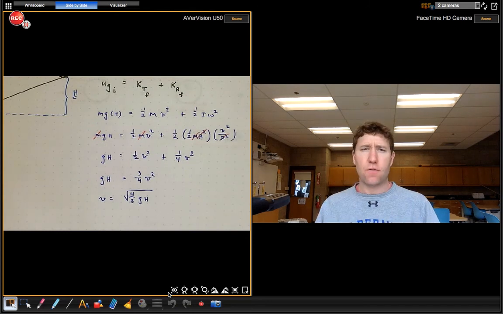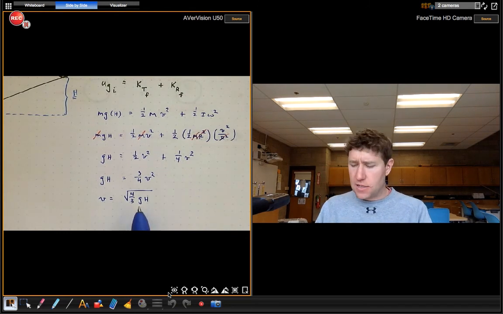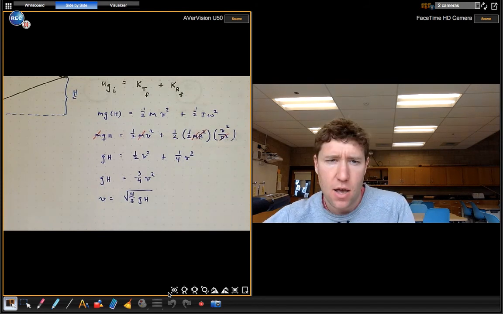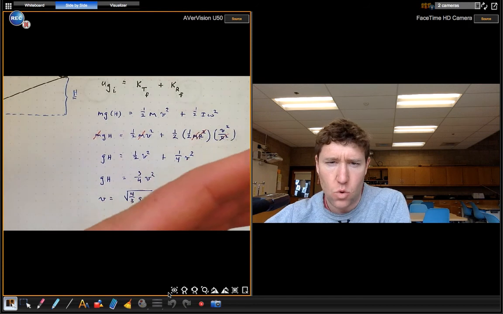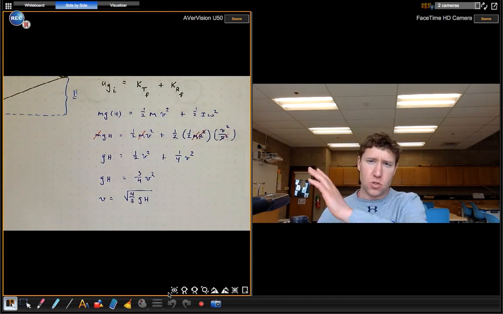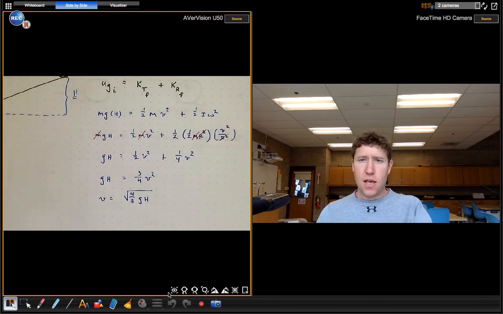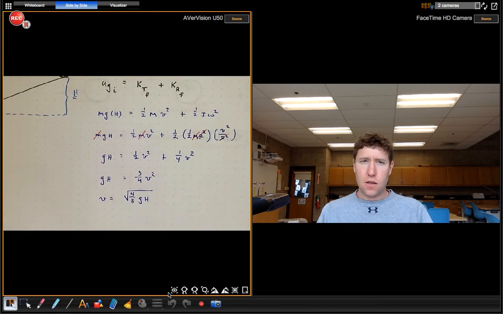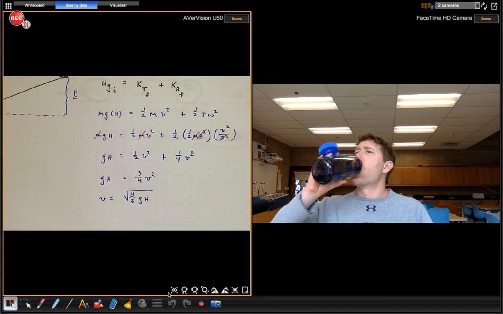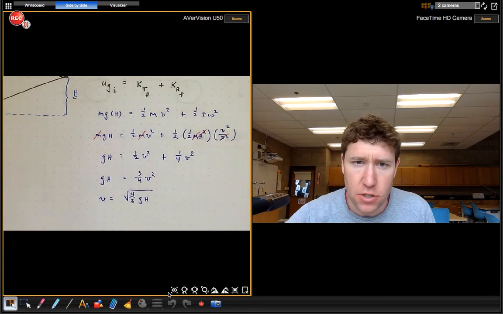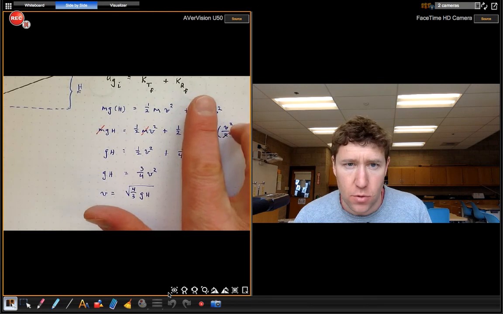You might ask yourself, how does this result compare to the case where the disk was sliding down a frictionless ramp, with no rotation at all, just pure translational motion? How does this speed compare with what we would have gotten in the case of sliding? The only thing that would be different is that when we went back to do this calculation, this whole term would go away.